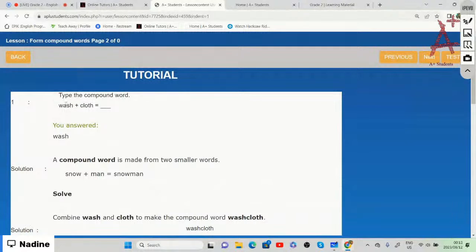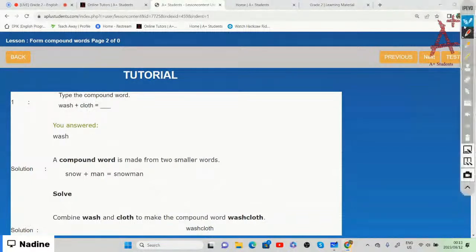But now if we put those two words together, the compound word is washcloth, right? And washcloth means it is a cloth that we use for washing. These two small words put together make one bigger word, which we call the compound word, right?